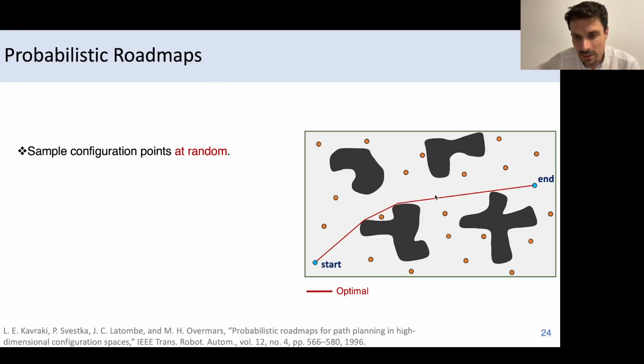The idea is to generate a finite set of configuration points at random. These are denoted by these orange circles. So essentially we generate configuration points, and we remove those that fall inside the dark regions.